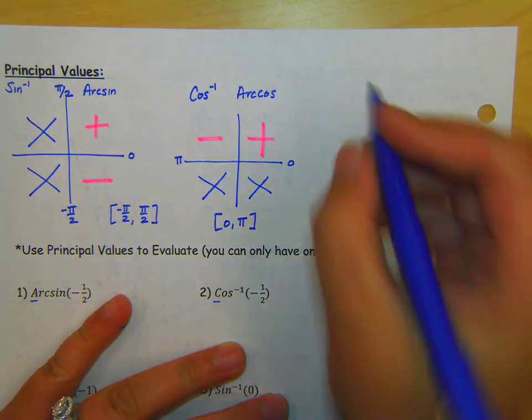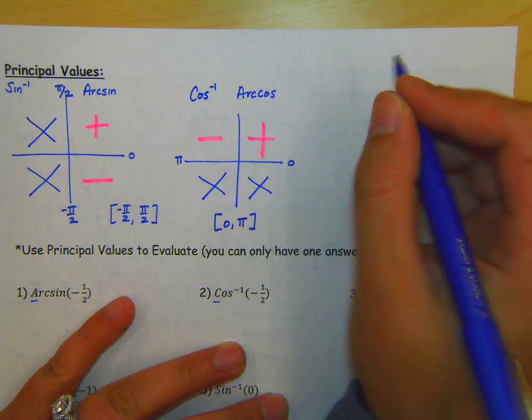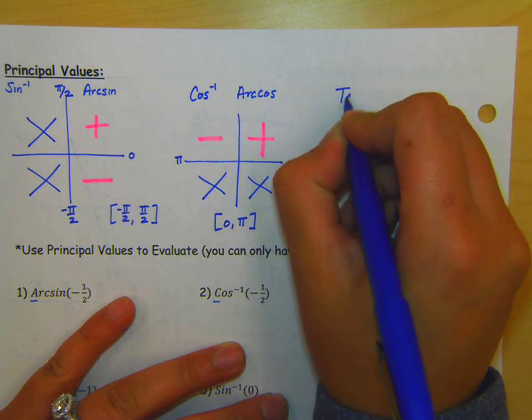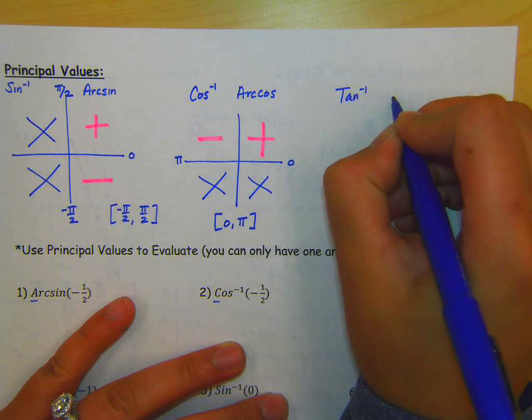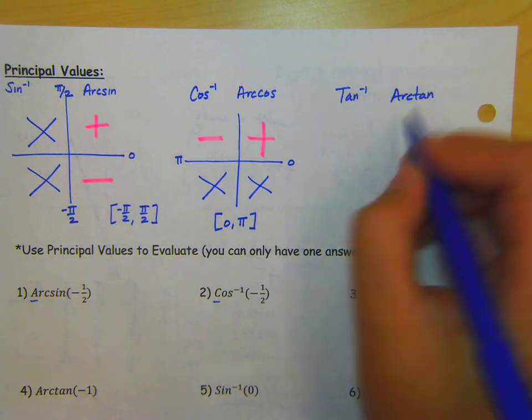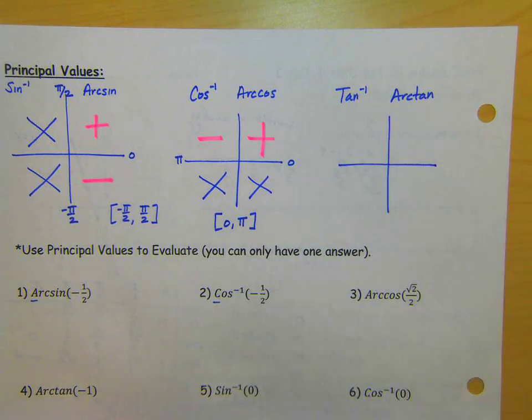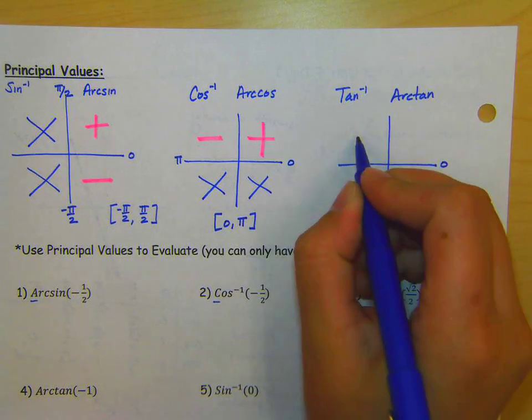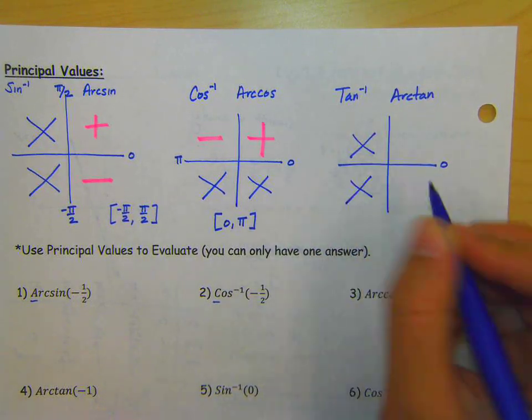Lastly, if you have to evaluate principal values for inverse tangent with a capital T or capital A arctan, this one is going to follow suit with the principal values for sine. Here's 0. We're going to take away quadrants 2 and 3.